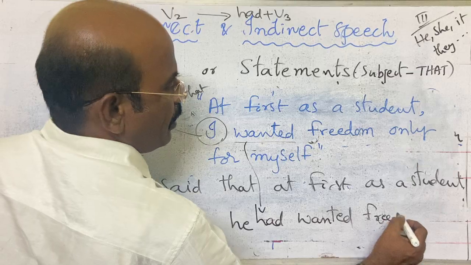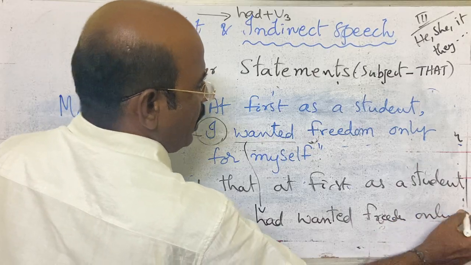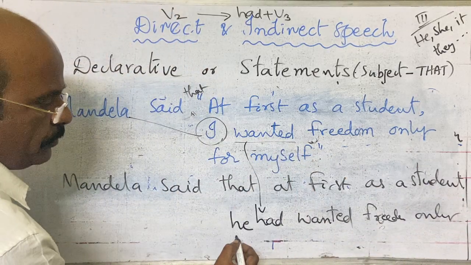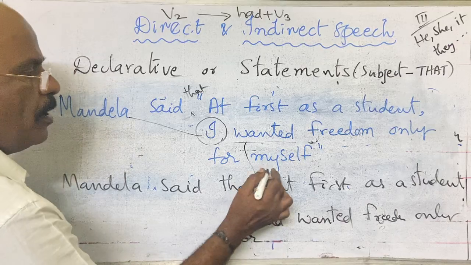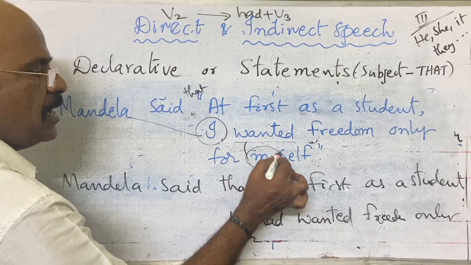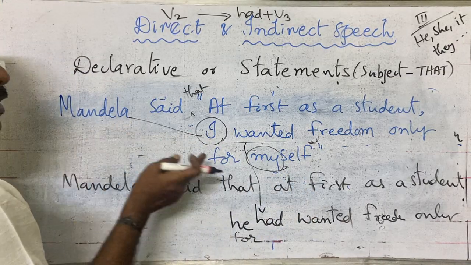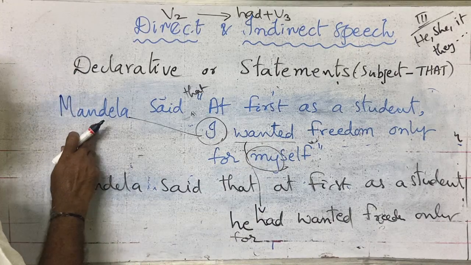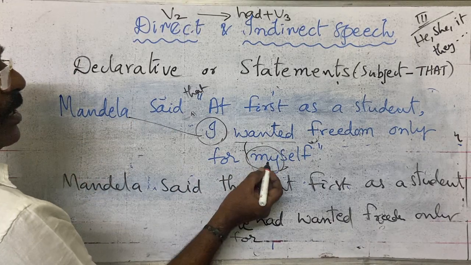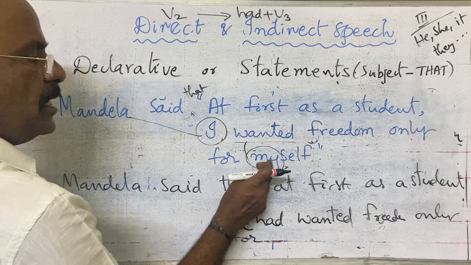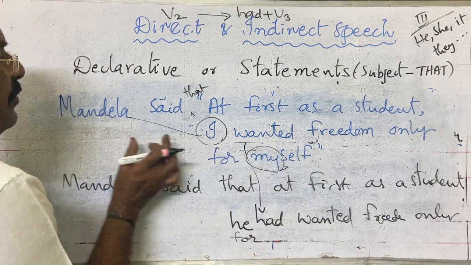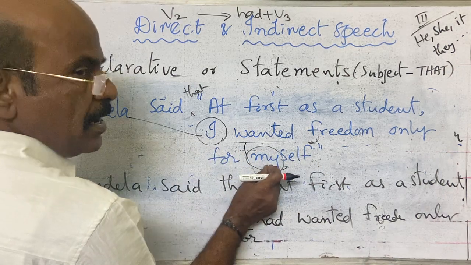That he wanted freedom only for my means here Mandela. As we know already he is a hero. So here my means male character himself. If there is any lady, we are writing herself.